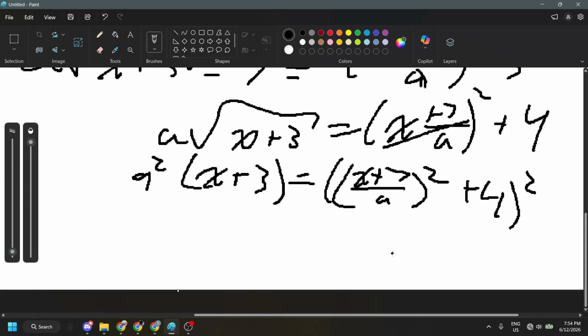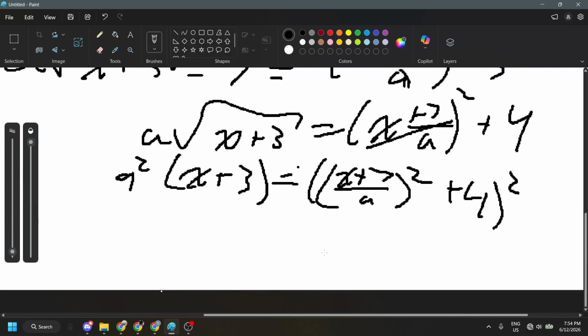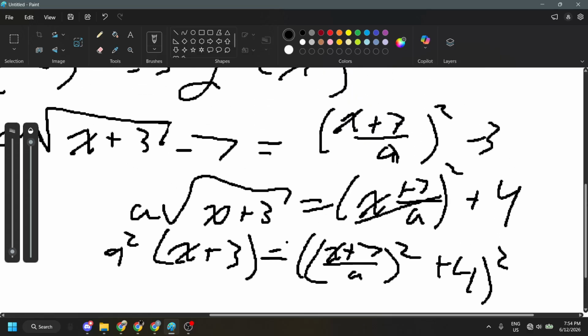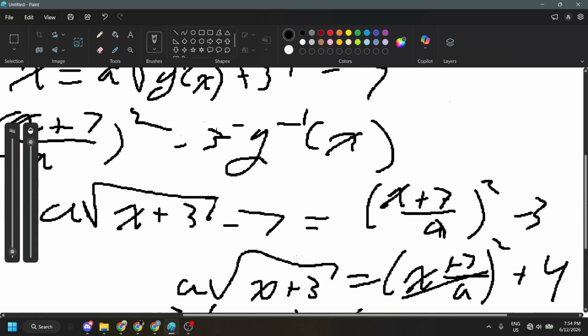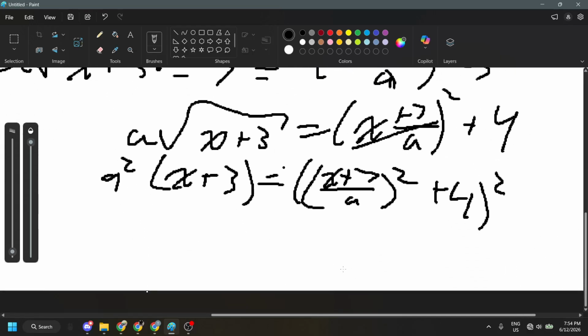Oh my god. Okay. So what this is basically saying is that this is only true for one value of x.